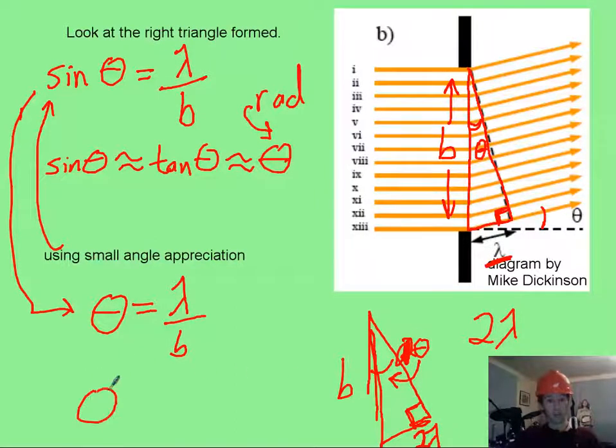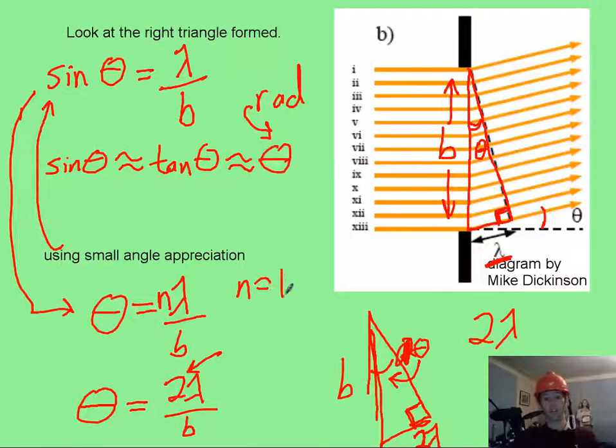And so that allows us to end up with something like 2 lambda over b for the second dark fringe. And we could keep going for 3 lambda, 4 lambda, 5 lambda. And that's how we end up getting the equation of theta equal to n lambda over b, where n is an integer like 1, 2, or 3, and this gives the dark fringes.